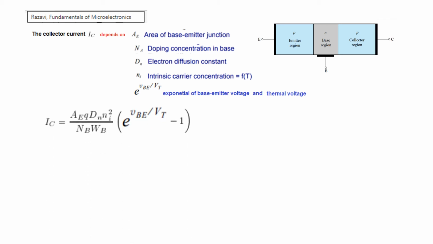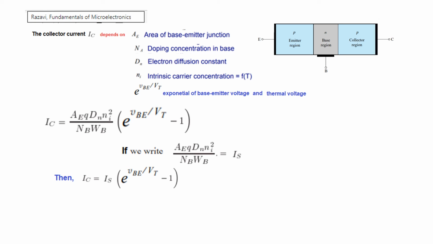So we can write that IC is all these terms that we discussed here, multiplied by e raised to VBE over VT minus 1. And then he says that if we write this term as IS, then our equation will simplify, and the collector current IC can be written in this form.